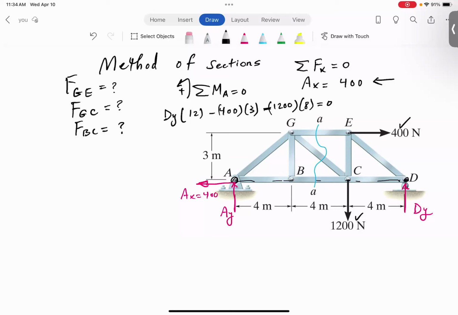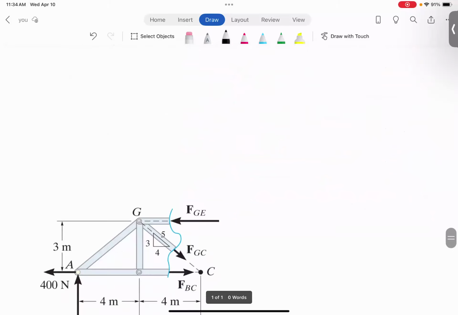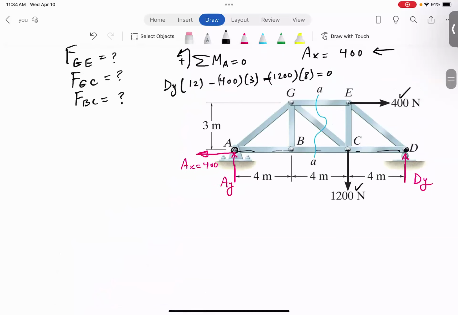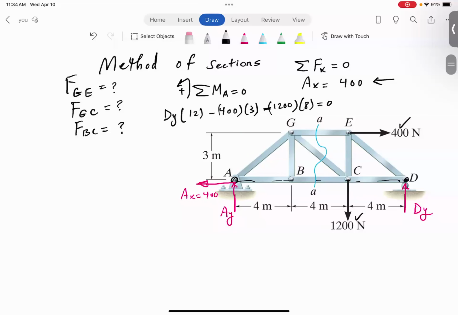I have actually the picture here. So DY should be, let me just do a quick calculation, guys. We have 1200 and 900. We add them, we divide it by 12. So that's 900 even.